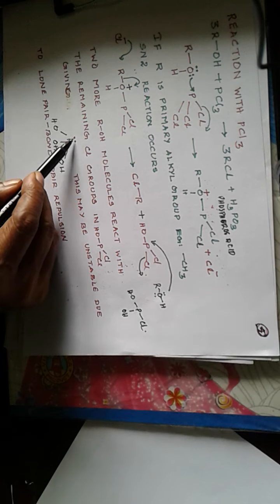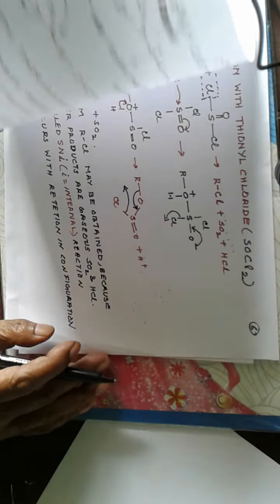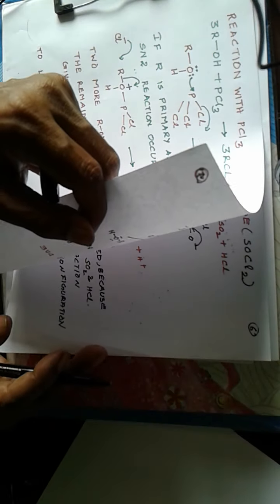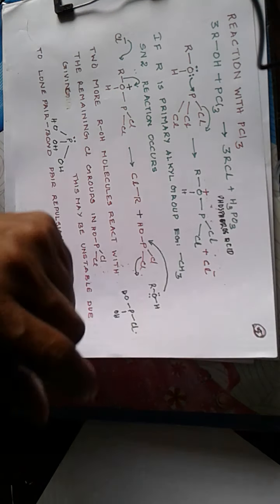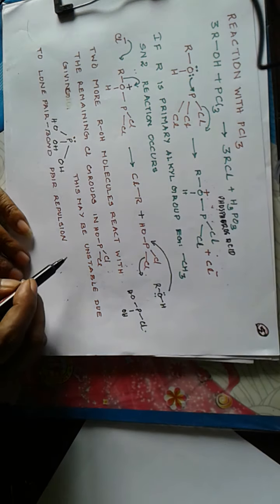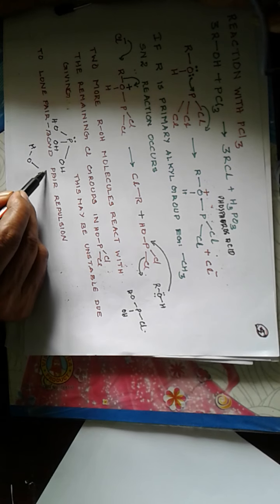Now due to the repulsion between this lone pair and bond pairs, this molecule is unstable, and this molecule comes to a stable structure by a simple rearrangement. There are two P–OH groups.